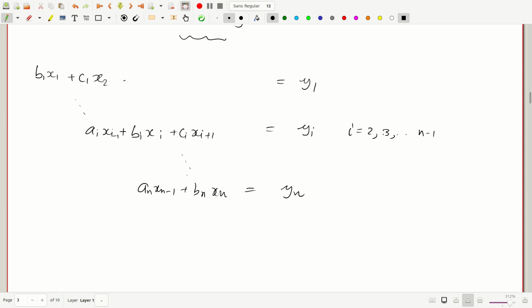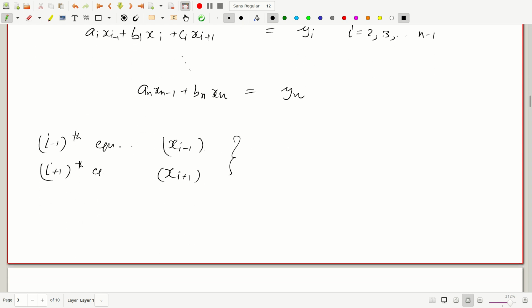Okay, so the whole idea now is to use the (i-1)th equation to eliminate x(i-1), and use the (i+1)th equation to eliminate x(i+1). That is the whole idea. And then once you have expressions for x(i-1) and x(i+1), substitute them in the equation for i.